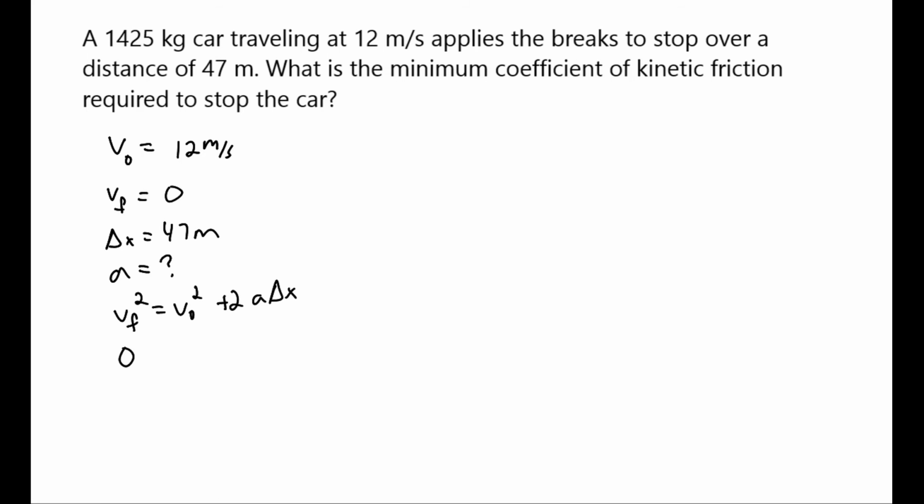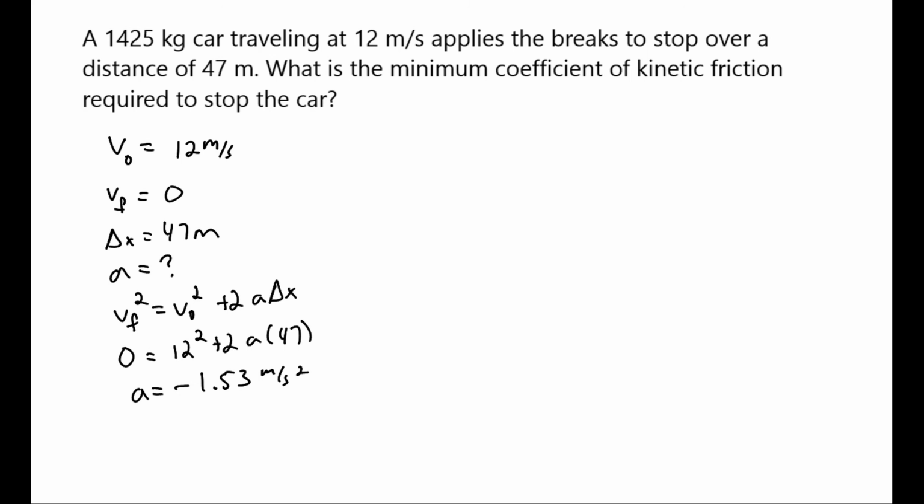So you get 0 equals 12 squared plus 2a times 47. And what do we get for a when we solve for that? Negative 1.53 meters per second squared. Any questions on how we got that?